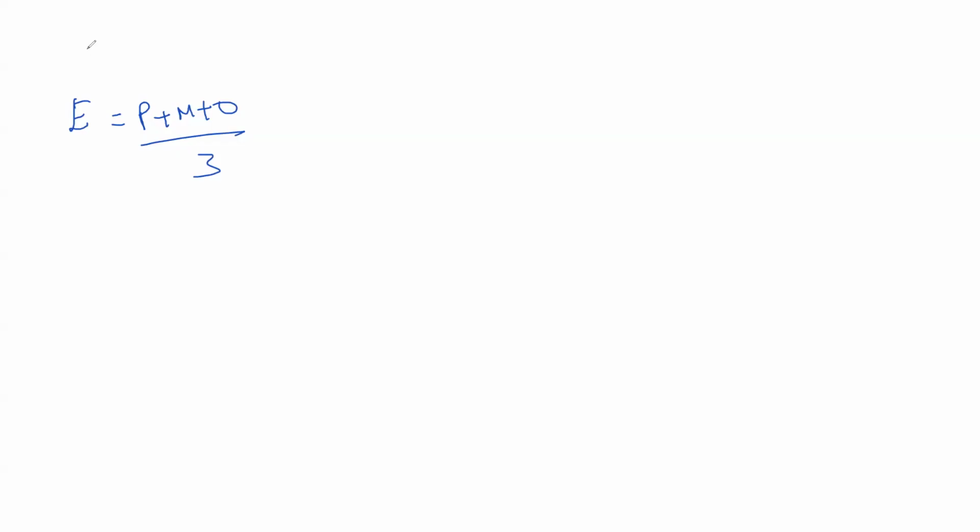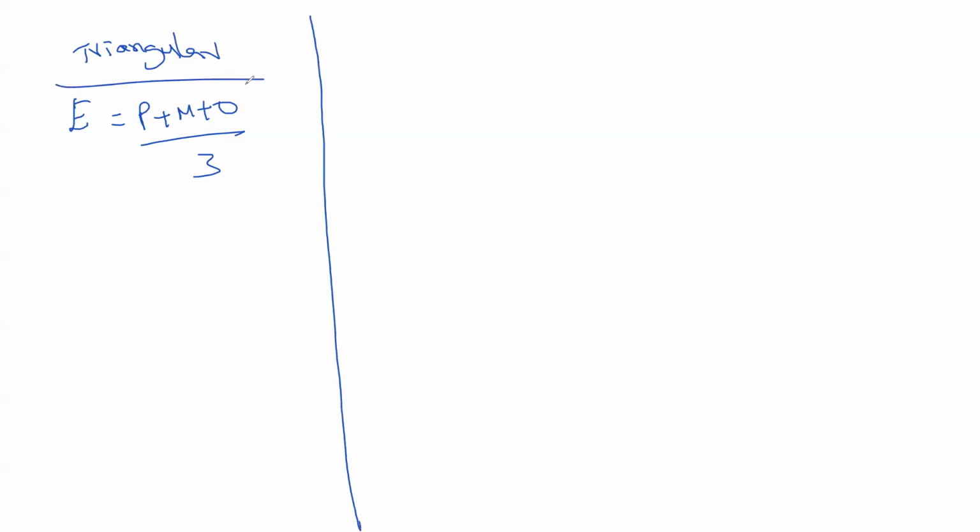This is based on something called triangular distribution. You don't want to know about the distributions in detail. Just understand that using triangular distribution, you will take a simple average of these 3 time periods or costs to calculate the expected value.